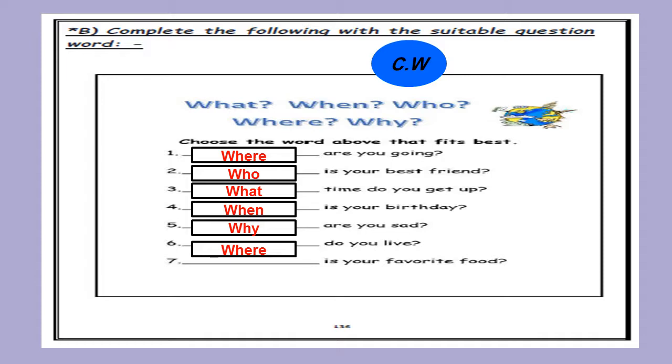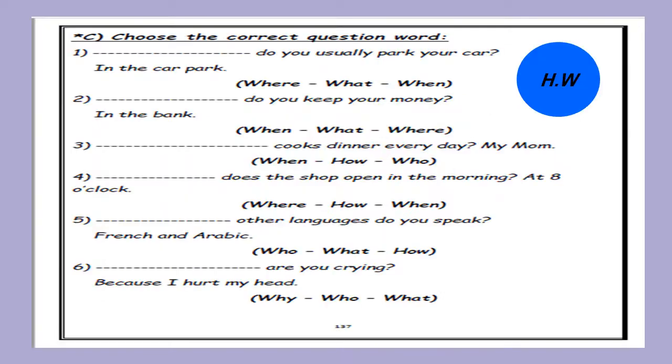Number 7, is your favorite food? What is your favorite food? Move to page 137. This page homework. Do it please at your home. Exercise C. Choose the correct question word. Please make a circle or underline the right question word.